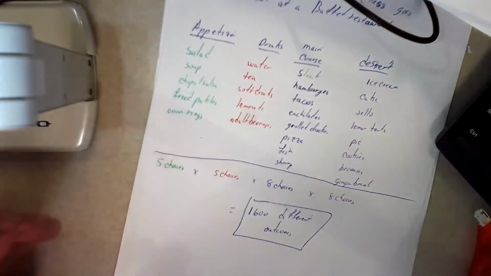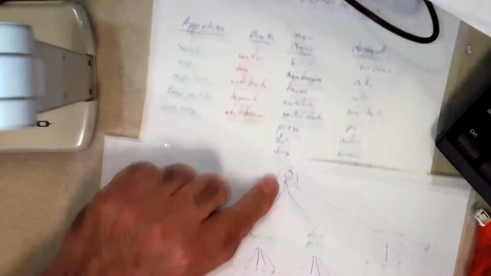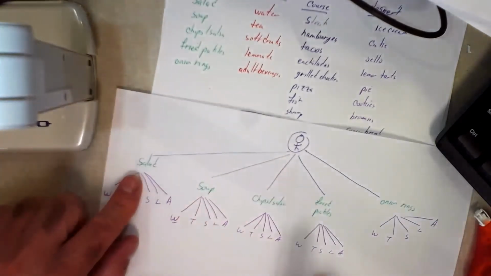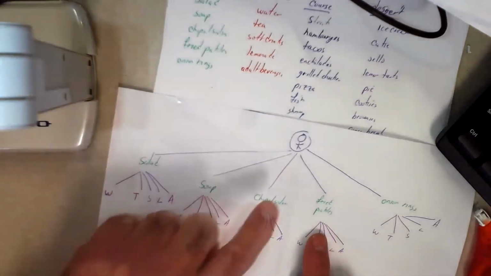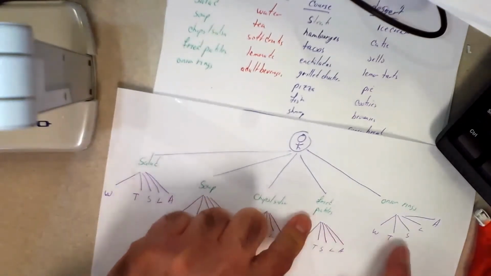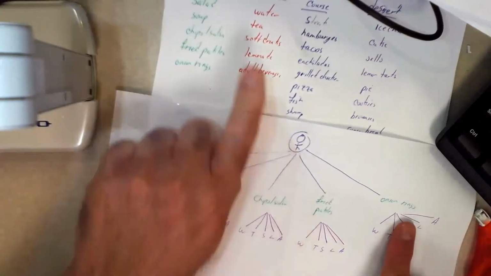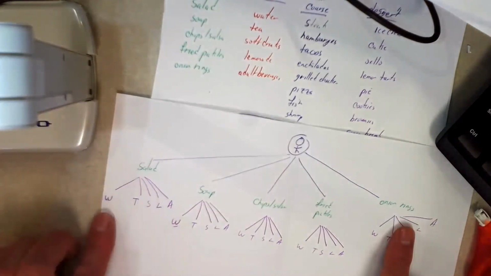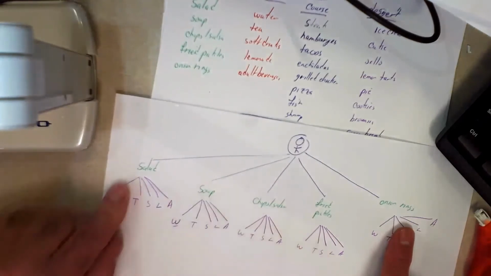So let's say that here's my little person. I want to go ahead and do the appetizers first. So I listed the appetizers: salad, soup, chips, salsa, fried pickles, onion rings, and then I do the drinks next. I'm going to draw 5 little stems for each of those 5.